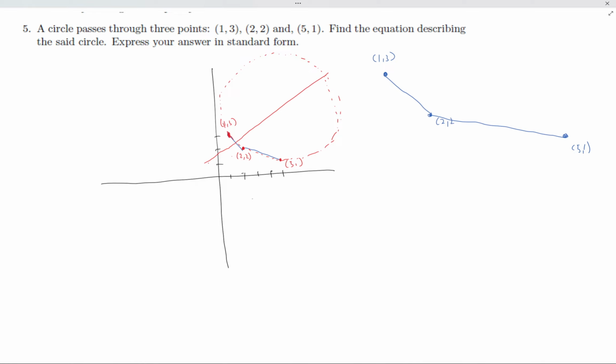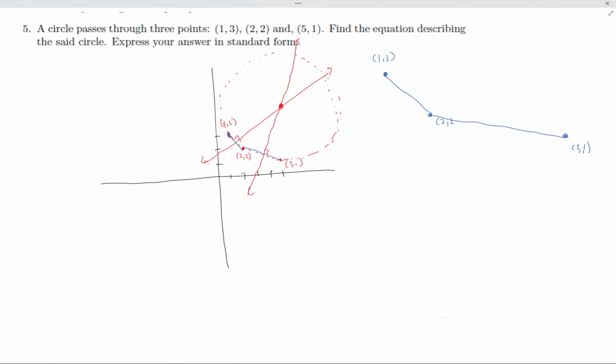Let me try to recreate this one. Okay, these are the perpendicular bisectors, hopefully. They are perpendicular to the line segments right here. So at this point, this should be the center of your circle.